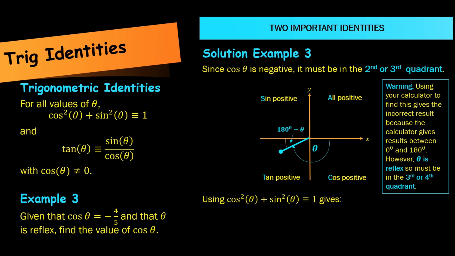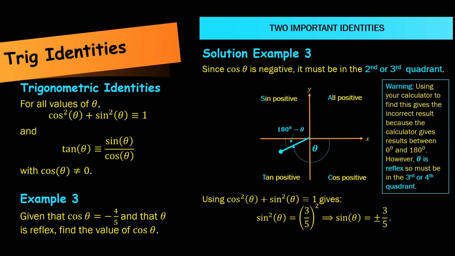Using cos squared plus sine squared is identical to 1 gives us that sine squared equals 1 minus cos squared. And of course we can substitute cos theta equals minus 4 over 5 in this equation to give us that sine squared theta equals 3 over 5 all squared, which implies that sine theta equals plus or minus 3 over 5.